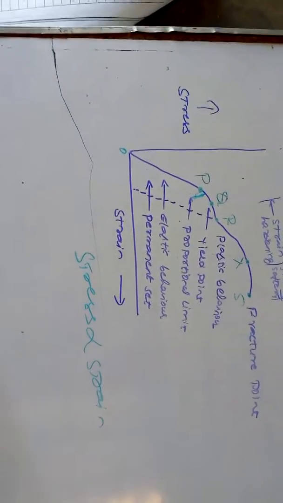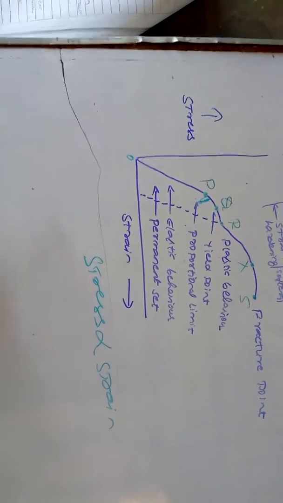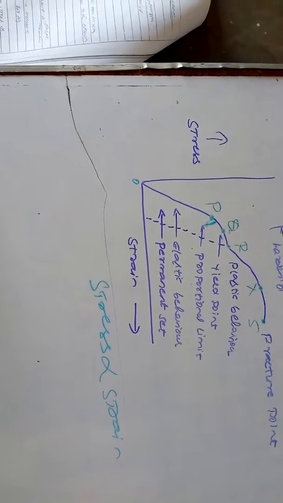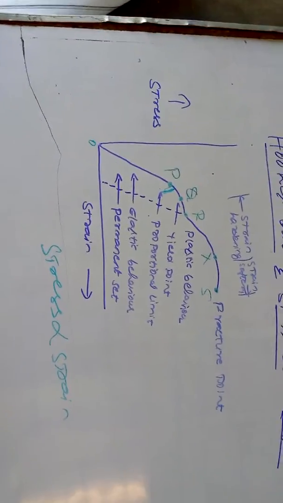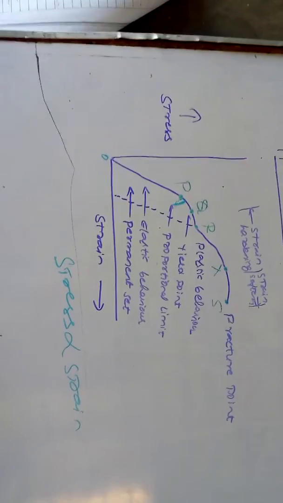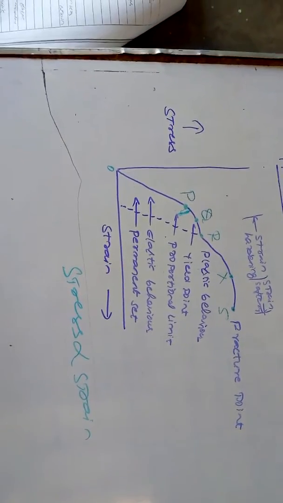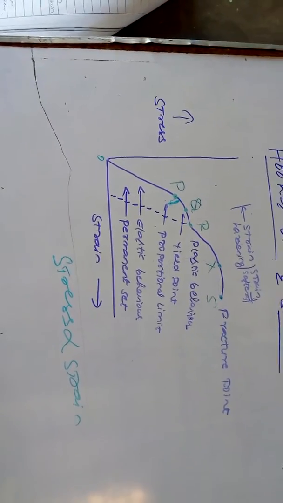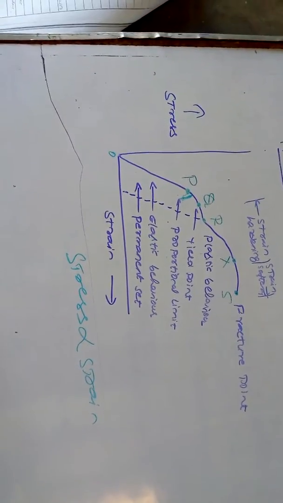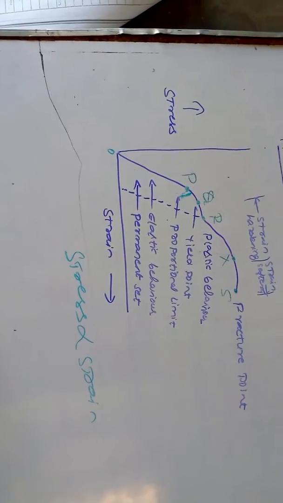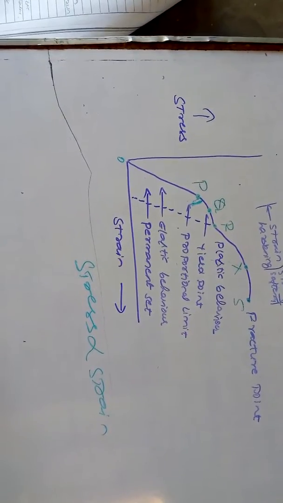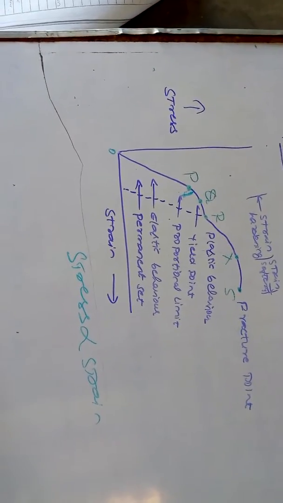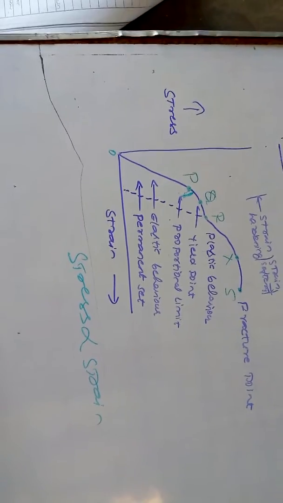Now between P and Q, the body continues to exhibit perfectly elastic behavior up to the point Q. The curve will be retraced if the applied force is removed at any point between P and Q. However, the linear dependence between stress and strain is not observed in this portion.